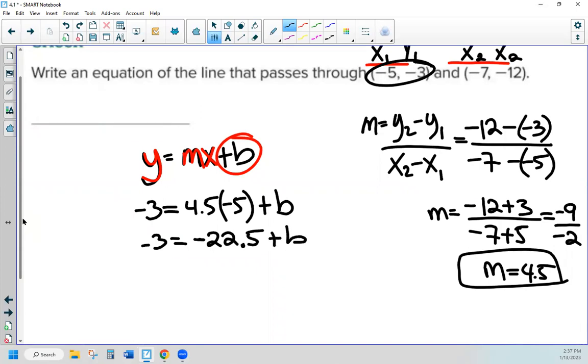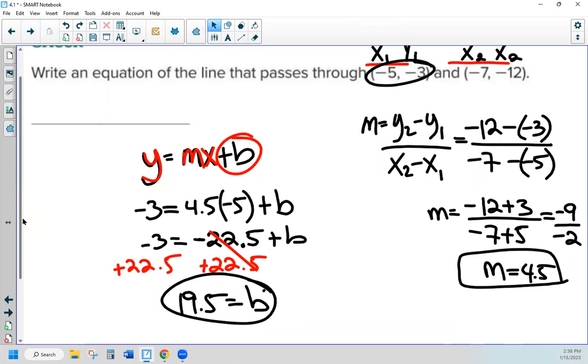Then we take the 22.5 to the other side by addition. I hope I didn't make a mistake here. So we got 22.5, and now we need to take 3 away from that. That is going to put us at 19.5. That is what b equals.